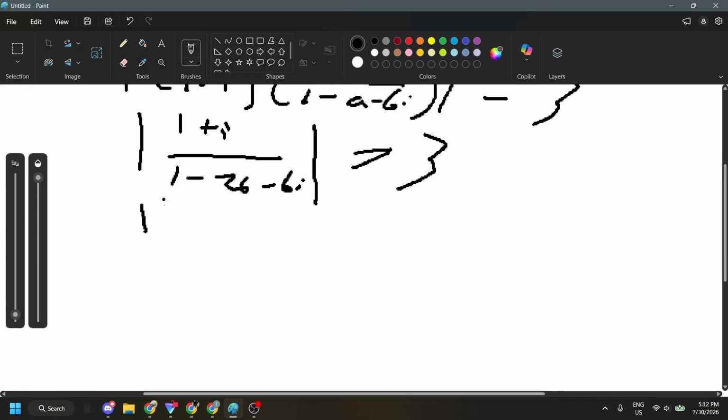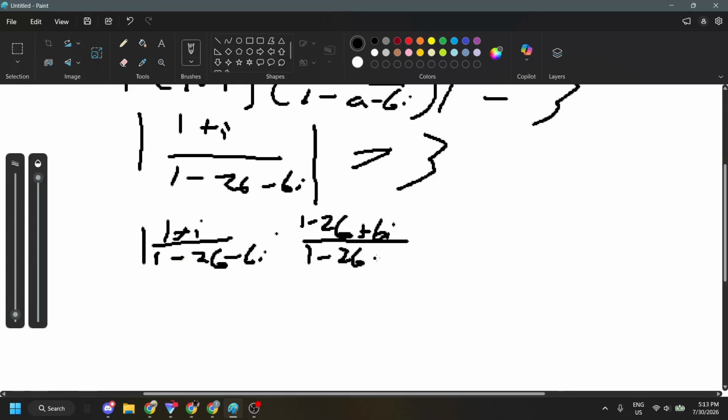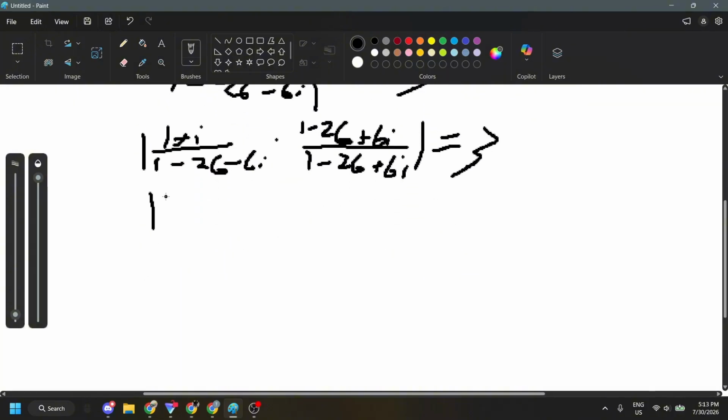So, first thing I could do is take 1 plus i, over 1 minus 2b minus bi, and use the complex conjugate. We need to multiply this by 1 minus 2b plus bi over 1 minus 2b plus bi, is equal to 3. So the numerator is 1 plus i times this.